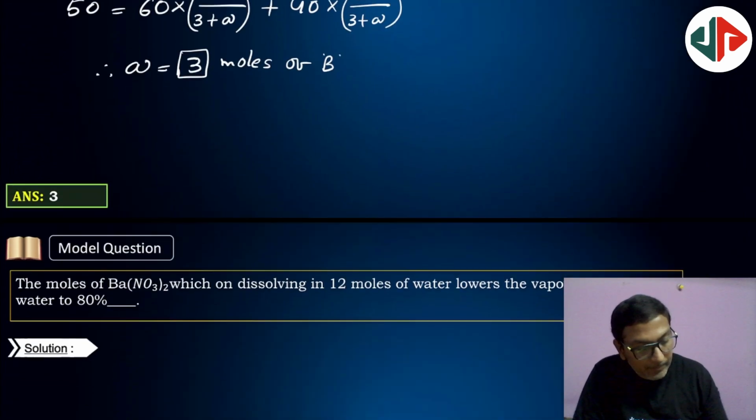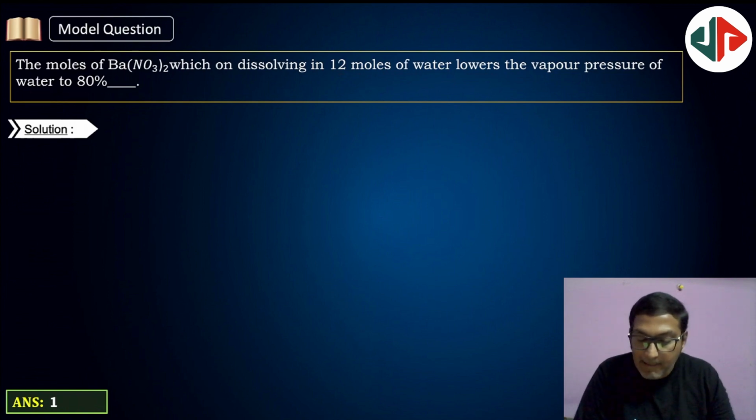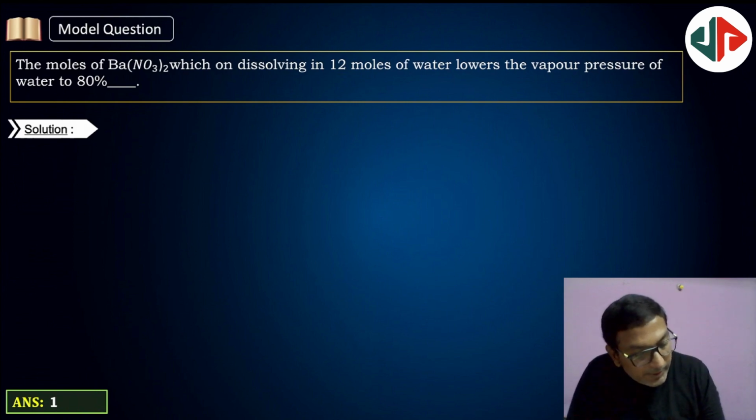Next. The moles of BaNO3 twice, which are dissolving in 12 moles of water, lowers the vapor pressure of water to 80. Number of moles of solute we should find. Here BaNO3 twice is solute.